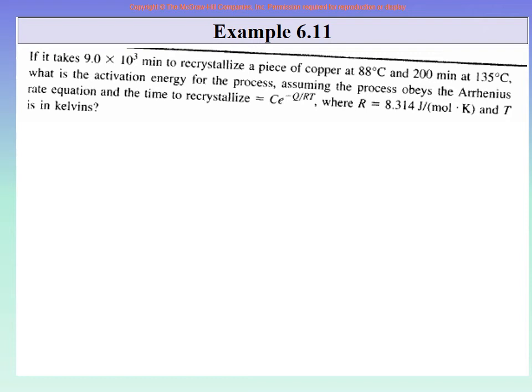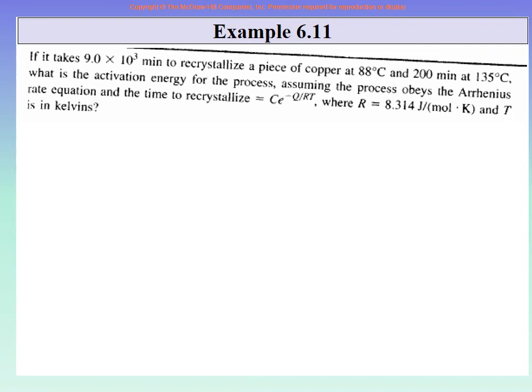So now we take the same metal, but keep the furnace at a higher temperature, 135 Celsius. So now we have to do it only for 200 minutes. To completely recrystallize, if the temperature is low, 88 Celsius, then we have to keep the furnace on for 9,000 minutes. But if we increase the temperature to 135, then we can get recrystallization done in 200 minutes.